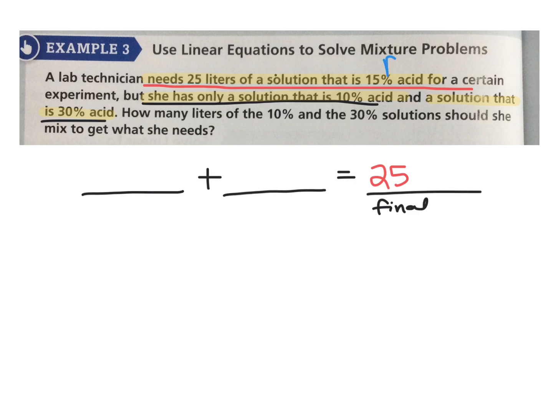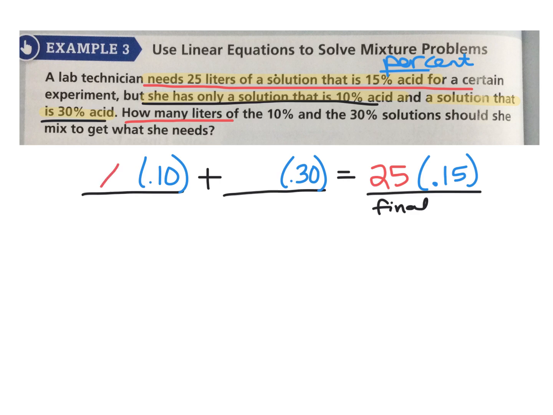Because percent indicates that we're going to be multiplying, I'm going to take that 25 liters and multiply it by 15%. The other 2 percentages are a 10% solution, which I'll write as 0.10, and a 30% solution. What I don't know is how many liters I need of each of those solutions.